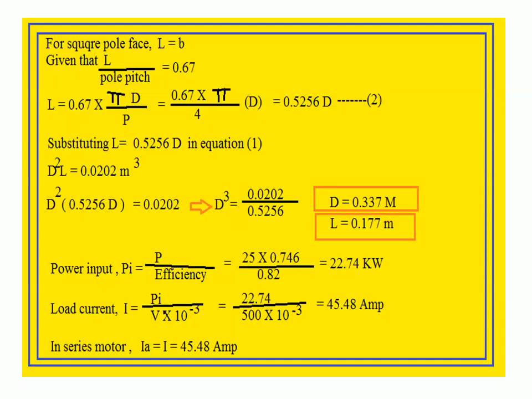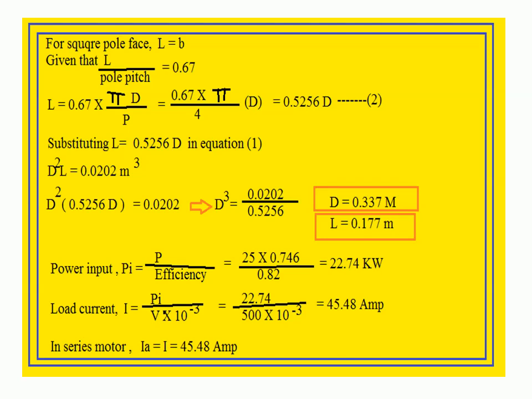For square pole face, we know that the length of the core equals the pole arc, that is L equal to B, actually B by tau. So L by tau equal to 0.67 is given. By using that ratio, you calculate another expression for L. You substitute other values, keep D as it is.